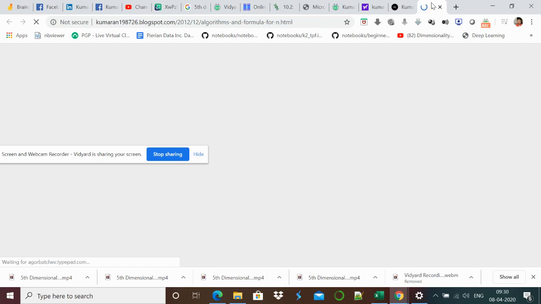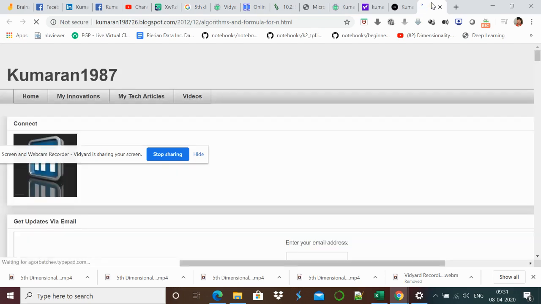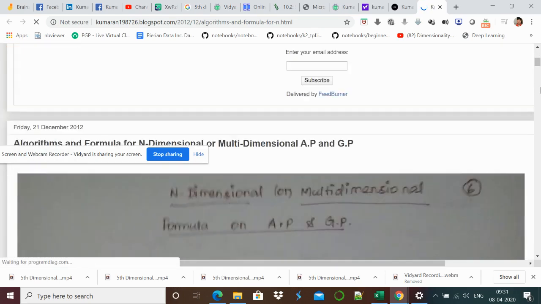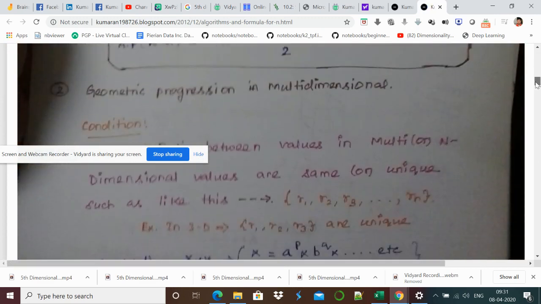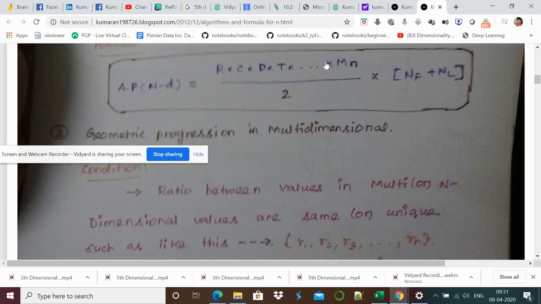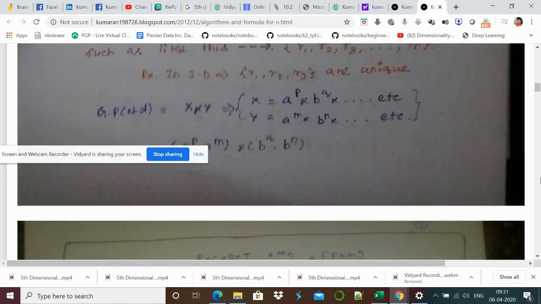It is a multiplication series. This is an addition series for arithmetic progression, and geometric progression is for multiplication. So I mentioned it like this for arithmetic progression: instead of phases, I use diagonal, and T is meant to be the tesseract, which is the fourth dimensional.